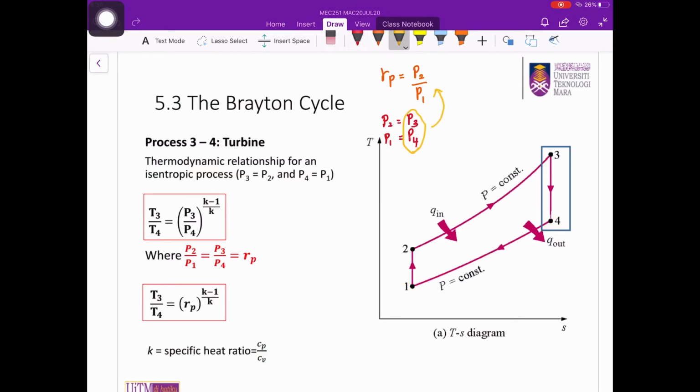So, if we substitute P3 and P4 into the pressure ratio, it becomes Rp equal to P3 over P4. Thus, our isentropic relation for process 3-4 will now become this expression. However, this relation is applicable for the simple Brayton cycle.